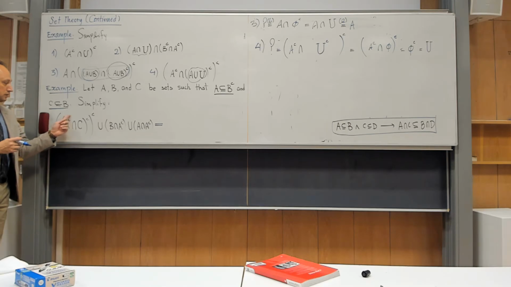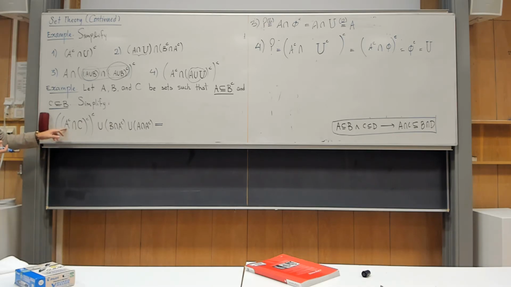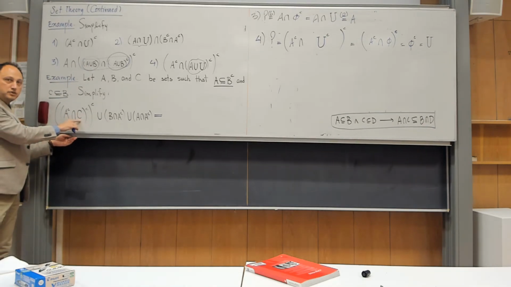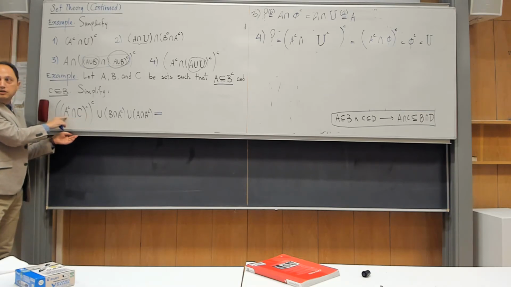Can I write something for this? Apparently not, because we do not have any information. Because here, if I want to write something for this, if I do not have these pieces of information, I cannot carry on. Because I don't know anything about C in that case, I don't know anything about A complement.